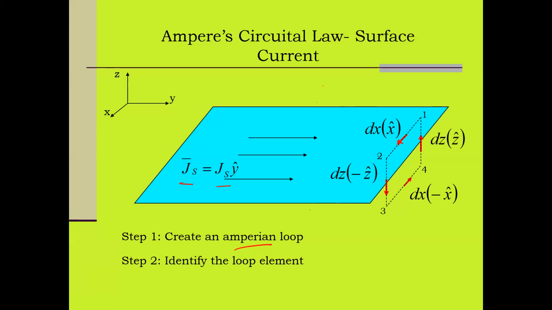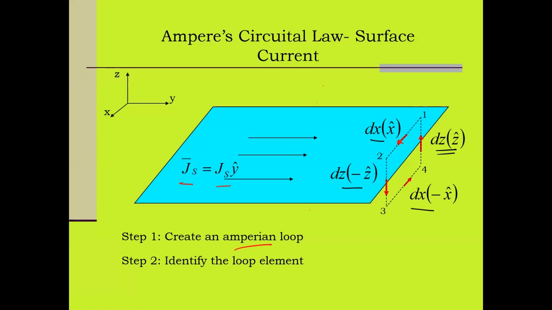From 1 to 2, the dl should be dx direction of x. So please refer to this axis, x, y, and z. From 2 to 3, we have the dl equals dz direction of negative z. From 3 to 4, we have the dl of dx direction of negative x. And finally, from 4 to 1, we have the dl of dz direction of z. So that should be the dl with respect to each side of your Ampere loop.